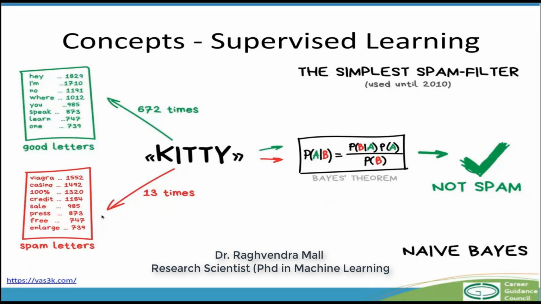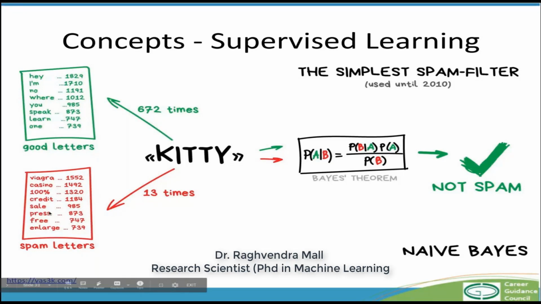Just giving a simple example of spam versus non-spam. The simplest spam filter can be that you have annotated certain words to be positive and certain words to be negative, based on the set of samples that you have. You collected a set of say 10,000 or 100,000 emails, and based on those emails, you took the count of each of these good and bad words, and then you annotated them.